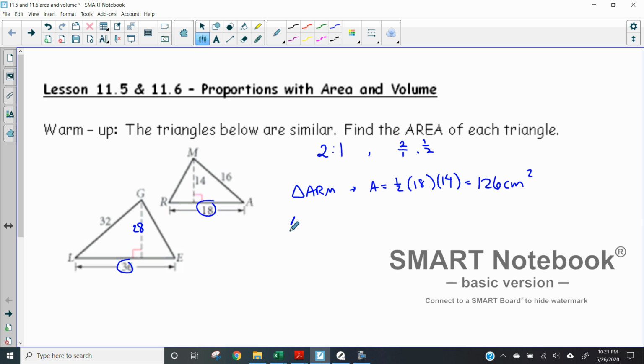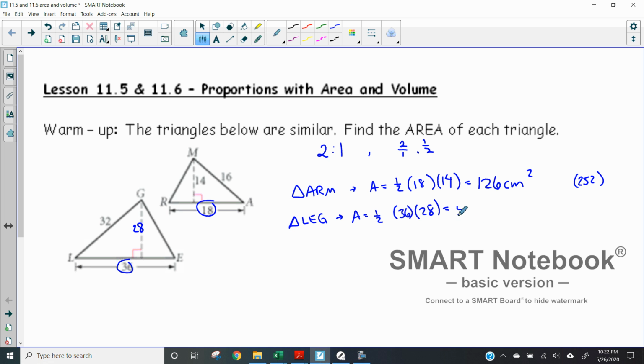Well, let's find out. Triangle LEG, its area is 1/2 times 36 times 28. That's not twice as big. That's not 252, right? That would be what we would get if we were to double that.